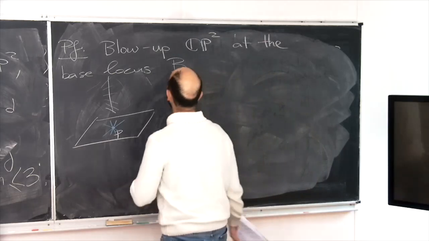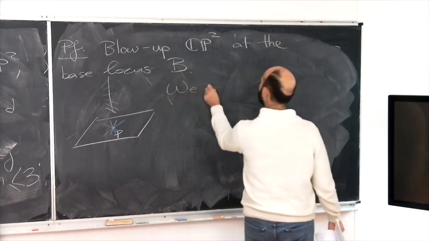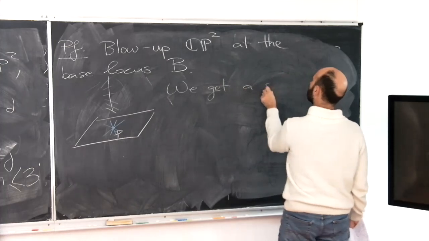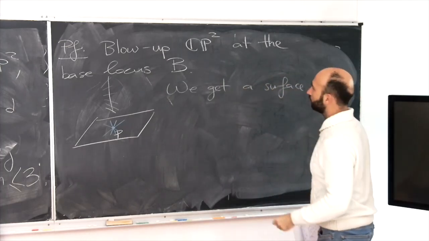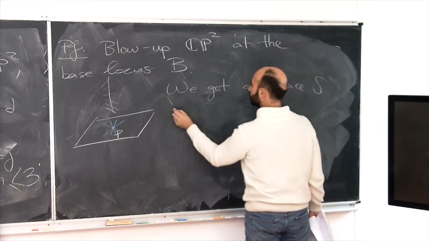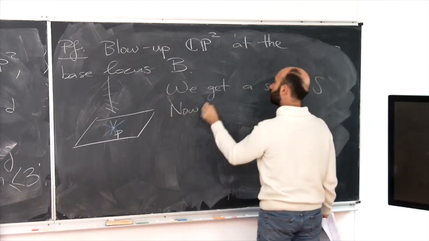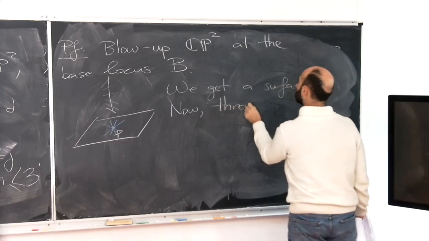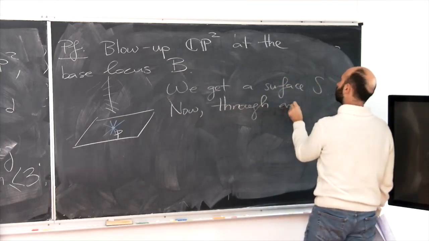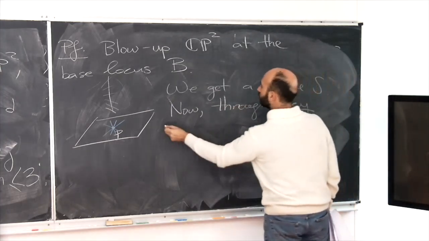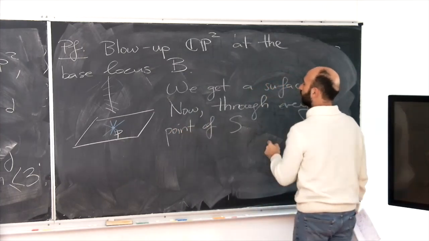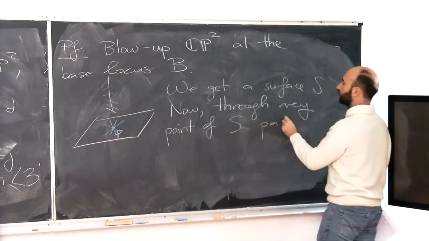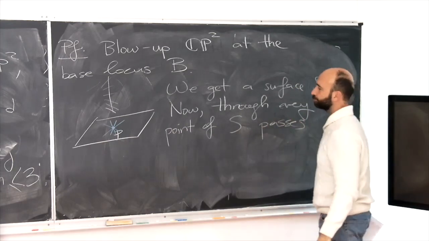Okay, so we get a surface S. Now, through every point of S passes a unique member of the pencil.